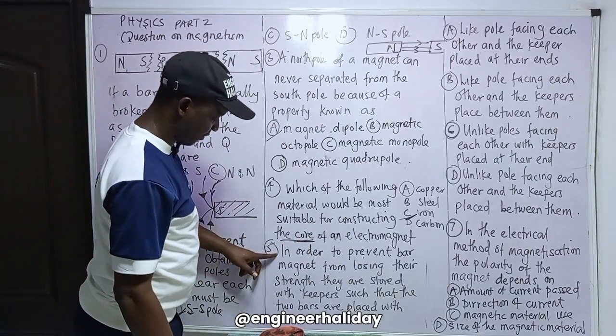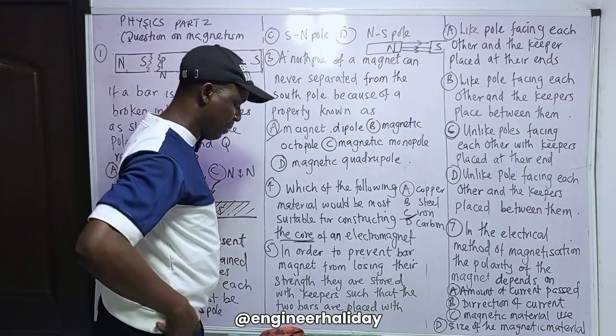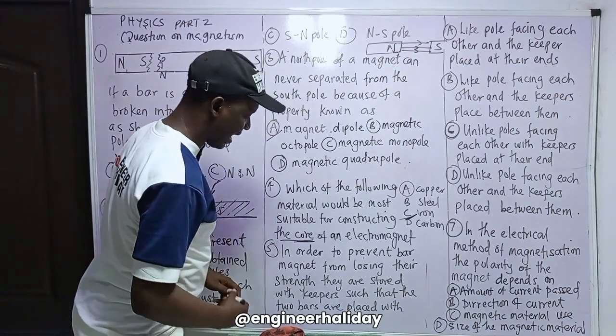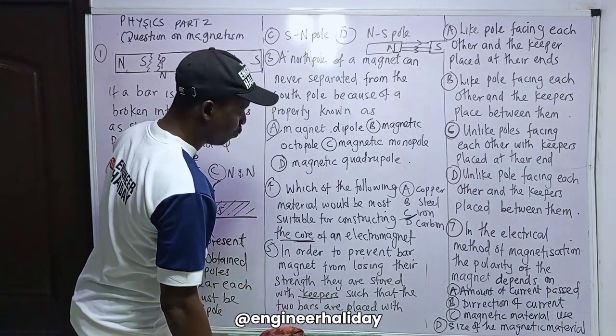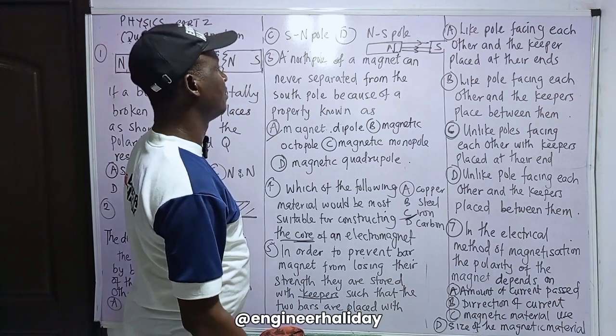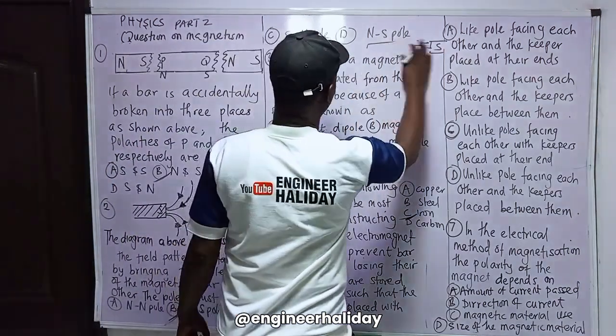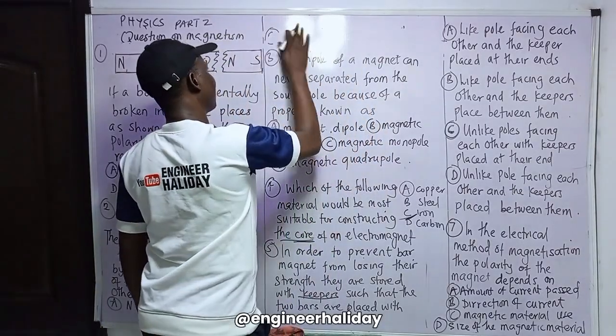Let's continue. Number 5. In order to prevent bar magnets from losing their magnetic strength, they are stored in keepers. Now this is how the keepers work. Look at the board, class.